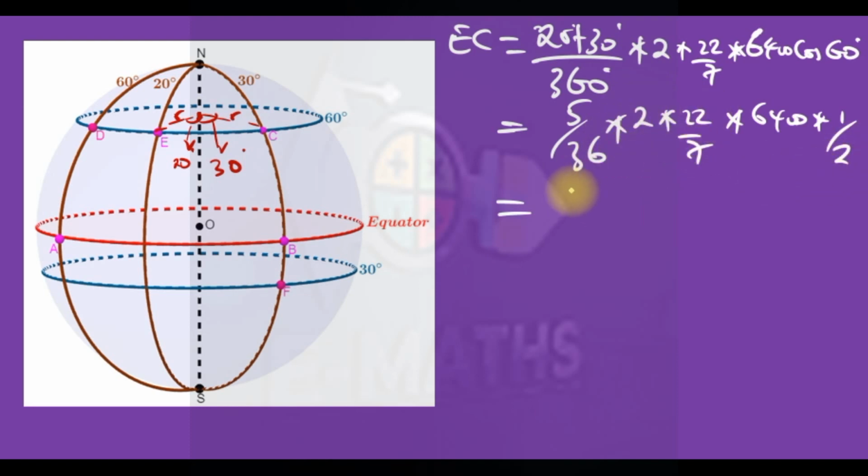So we have 50 over 360, which is 5 over 36, times 2 times 22 over 7 times 6,400 times a half. Simplifying, we have 11 times 6,400 over 18 times 7.